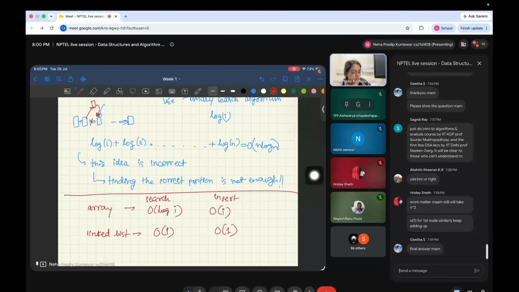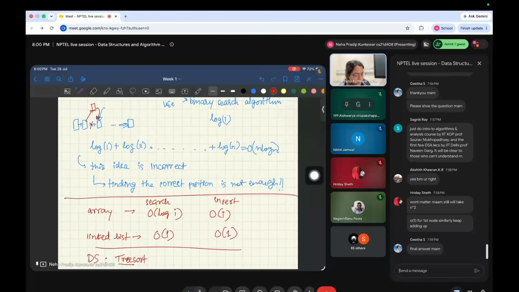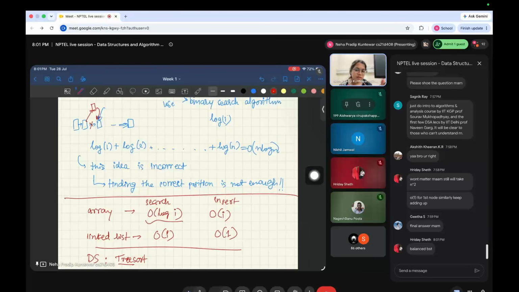There's a data structure which uses the good parts of both of these, which I think is called tree sort. I'm not entirely sure, I need to confirm this. This will make sure that you can do a search as well as insert both in order log n.